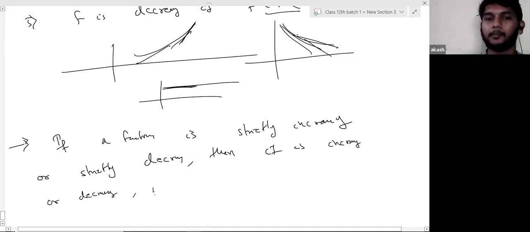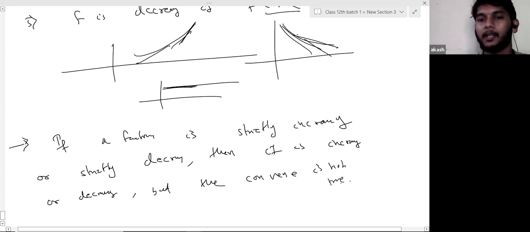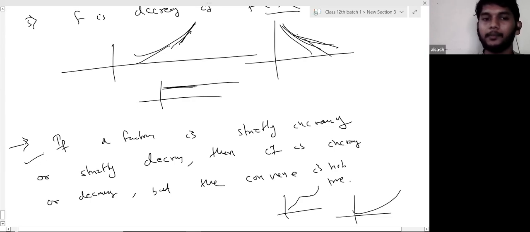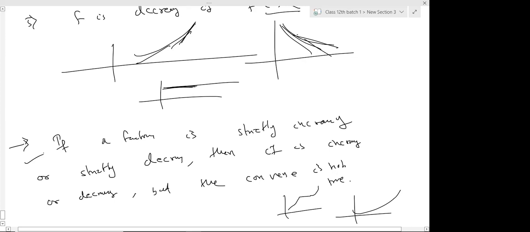Makes sense? But the converse is not true. If a function is strictly increasing, that means it is increasing also. But if a function is increasing, that does not mean it is strictly increasing. Is this note clear, everyone? They might ask you this in a 1 mark question.